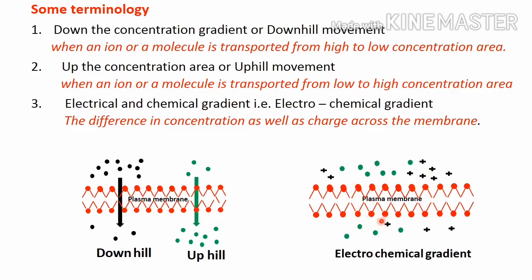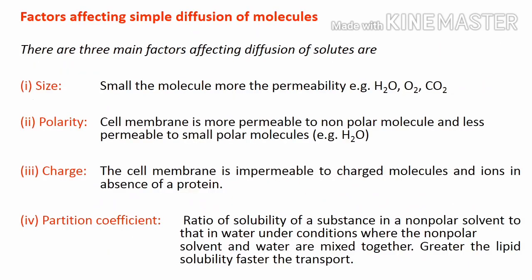All these electrochemical gradients as well as chemical gradients are a potential of energy, a type of energy for transport of these molecules, and it will come next. So there are various factors affecting simple diffusion of molecules.